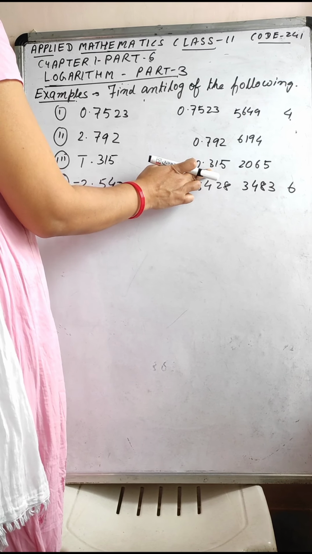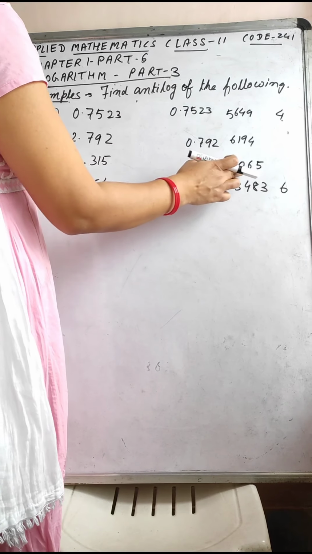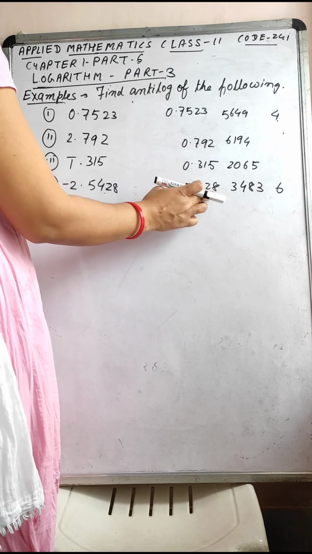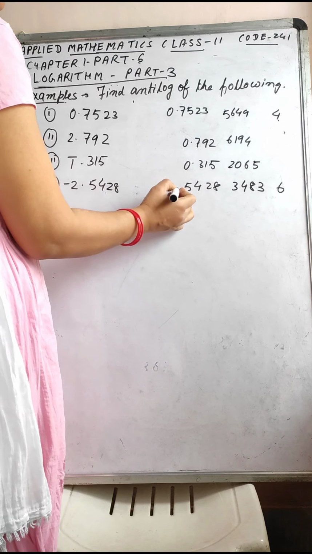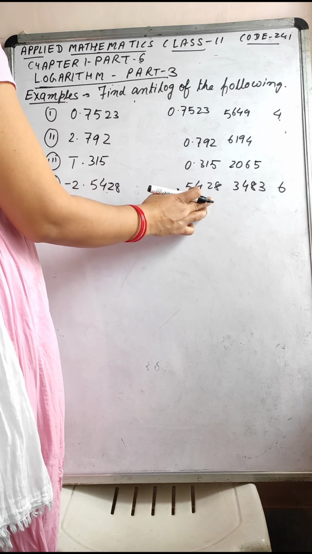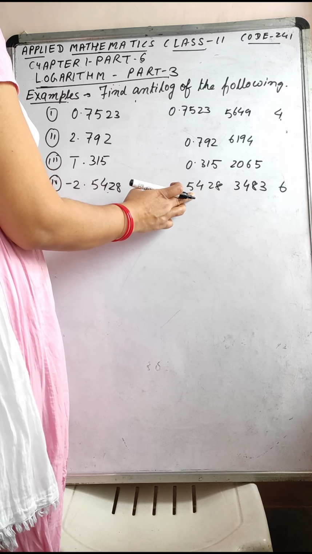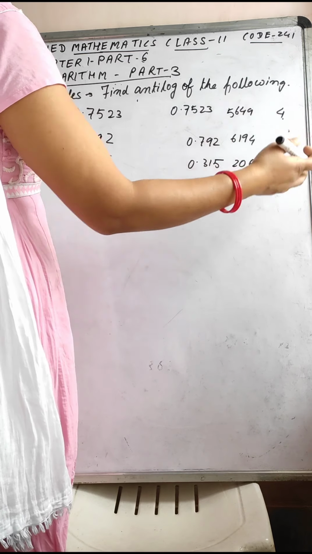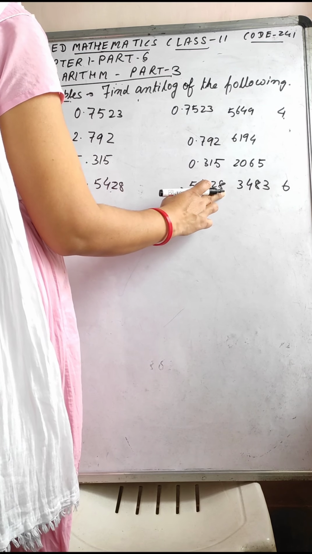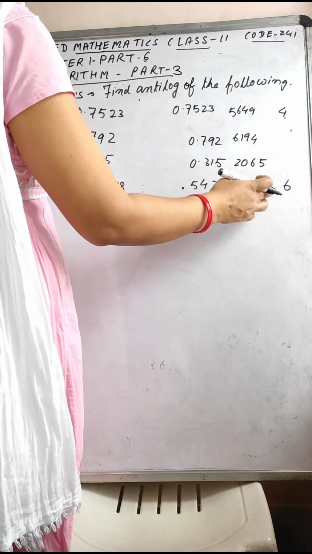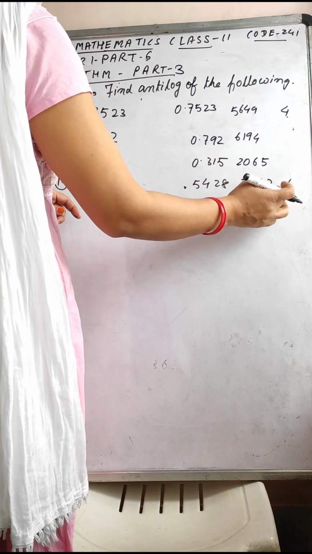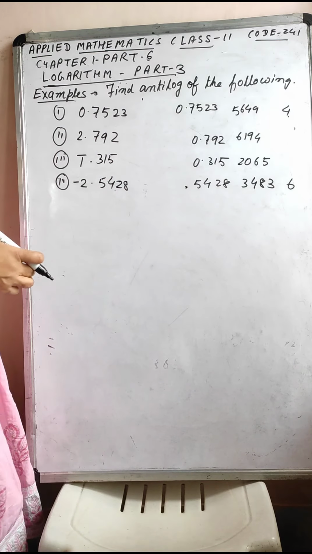Along the row 0.31, under the column 5 the value is 2065. Similarly for 0.5428, along the row 0.54, under the column 2 the value is 3483, and under the mean difference 8th column, the value is 6. So we will be adding these two to get the anti-log value.